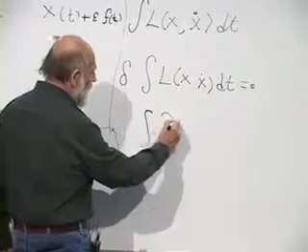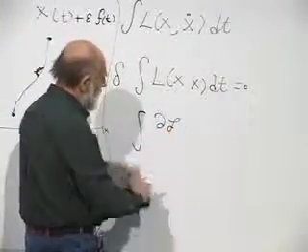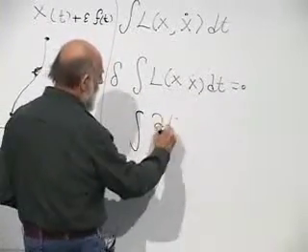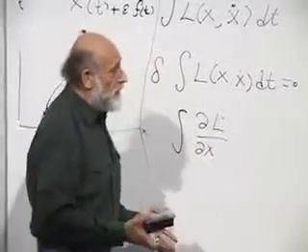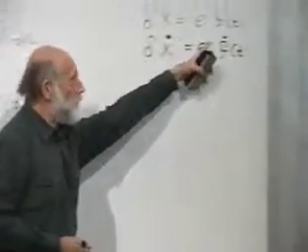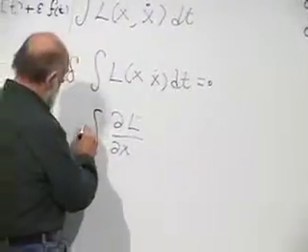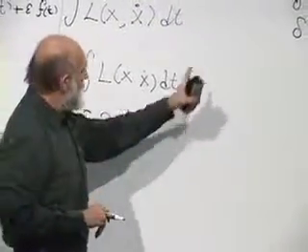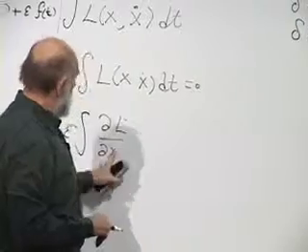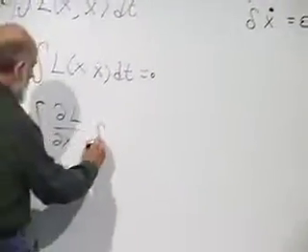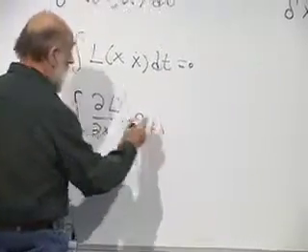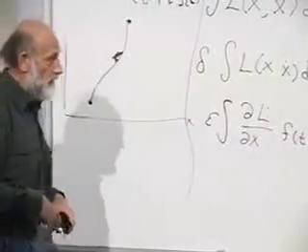That's the derivative of the Lagrangian with respect to x times delta x. But delta x is just proportional to f of t. We can put an epsilon on the outside here. The change of x is just f of t. So let's put f of t there, epsilon times f of t, but I left the epsilon outside.